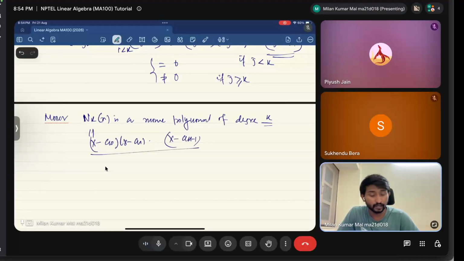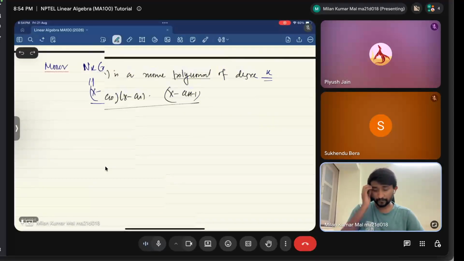Here there are k factors, and we can look at the coefficient of x to the power k. That has to be 1, because that coefficient comes when you multiply x with x with x, all the first terms. Then I get x to the power k, which is the highest degree appearance of the independent variable x in the polynomial. The coefficient is 1, so that's why this is a monic polynomial.